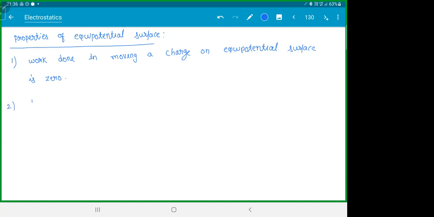Second thing, the electric field lines are always perpendicular to the equipotential surface.